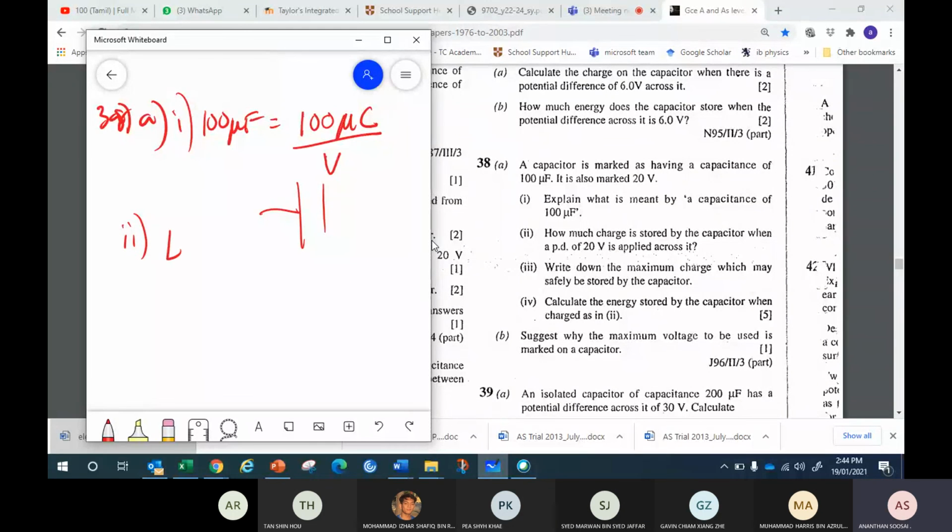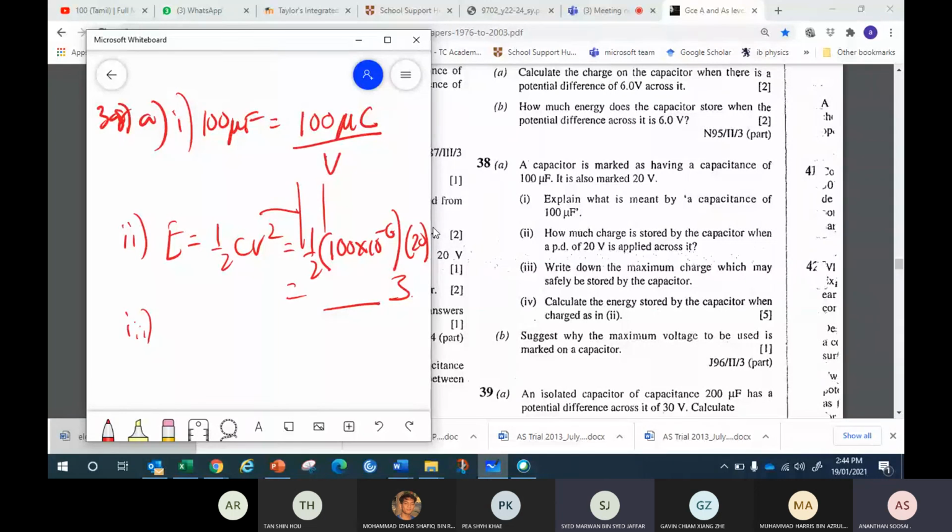So what formula? Anybody? Energy stored? You know C, you know V, so of course half CV squared is used. Half C is what? Any conversion? C is 100, it should change to 10 to the power -6 farad. V is 20. So you get the energy in joule. I think 2 is no problem.